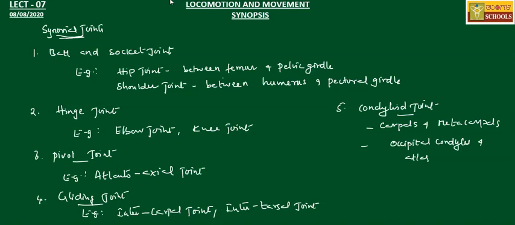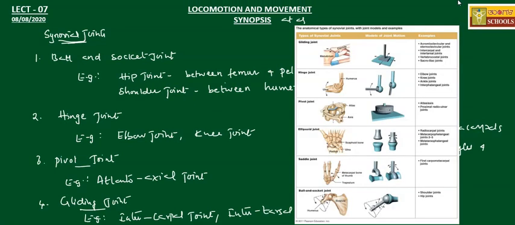So these are some examples of synovial joints: the ball and socket, hinge, pivot, gliding, and condyloid joints. Now I will show you pictures of these. Here I show you different types of joints: the gliding joint, the hinge joint, the pivot joint, and you can even see the ellipsoidal joint.